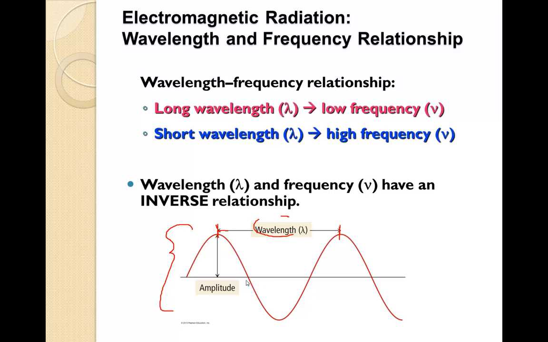A frequency is how many times the peak of the wave will pass a specific part. So if I was measuring it right here, how many times that wave would pass in 1 second. So if it's a longer wavelength, it's going to pass fewer times. Whereas if it had a really short wavelength, it will pass several more times. Therefore, wavelength and frequency have an inverse relationship.